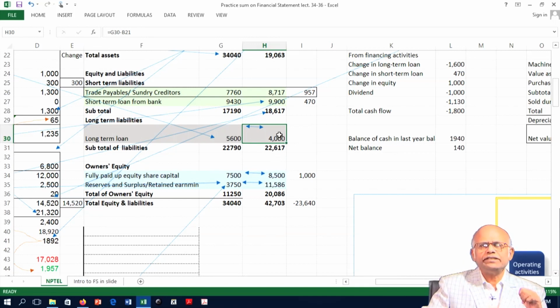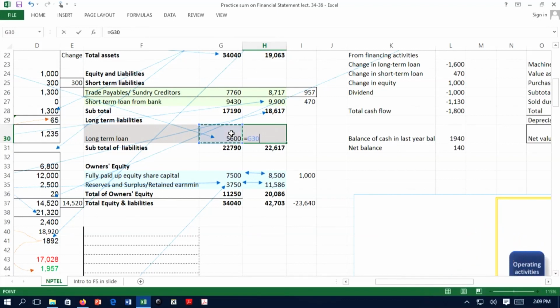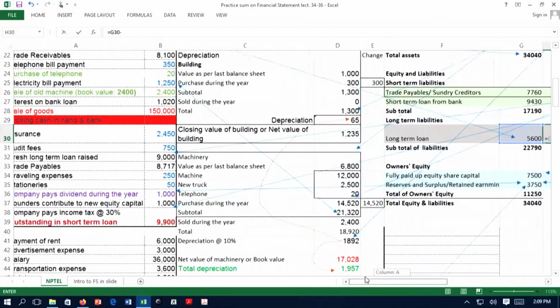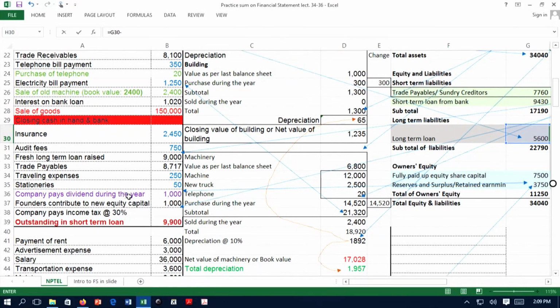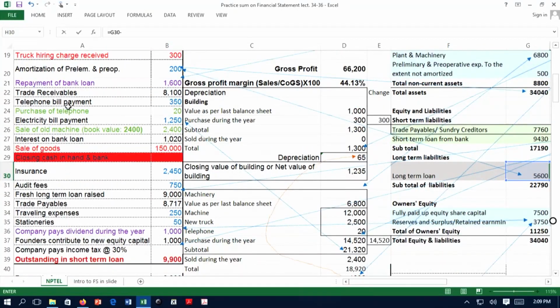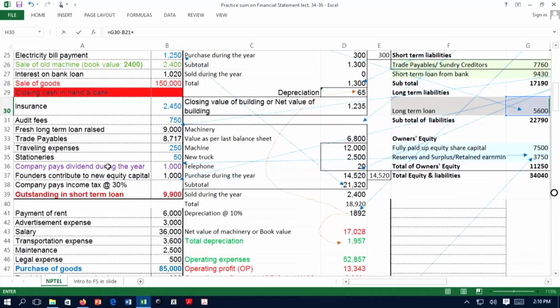So, this data should be 5,000 equal to this one minus whatever we have repaid, that is 1,600 or so, repayment of bank loan is here, plus the loan that we have raised, fresh loan that we have raised.